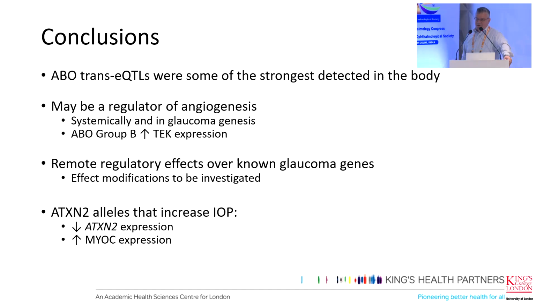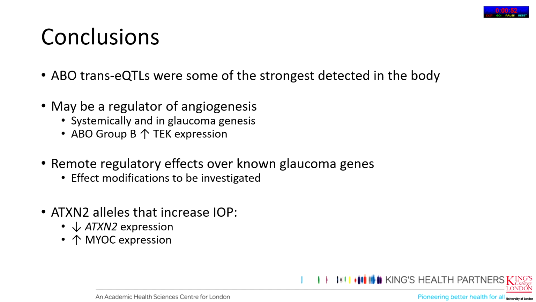So the takeaway message is that ABO has very significant trans-eQTL and pQTL effects that were some of the strongest ever detected in humans. The ABO locus may be a regulator of pathways that are important in angiogenesis, both systemically and in the glaucomagenesis context.